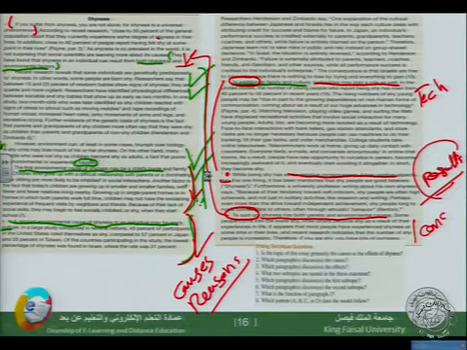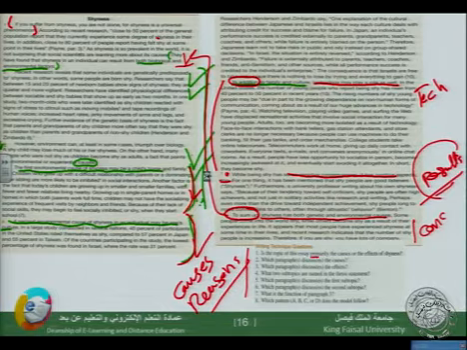Okay, let us go together and read these questions and try to answer them. The first question: is the topic of this essay primarily the causes or the effects of shyness?